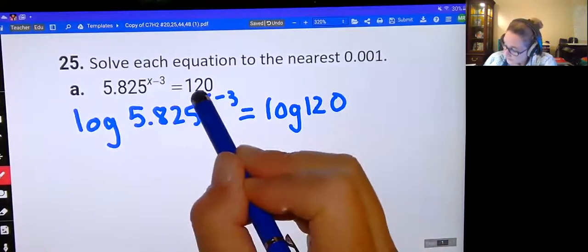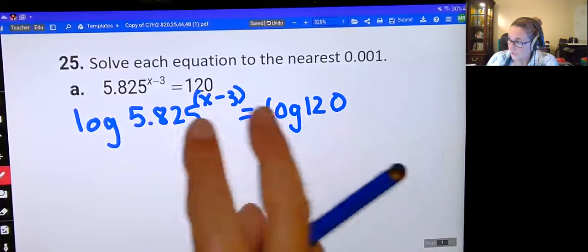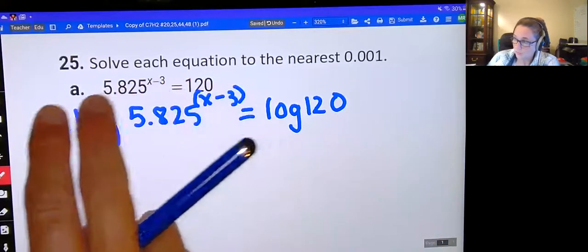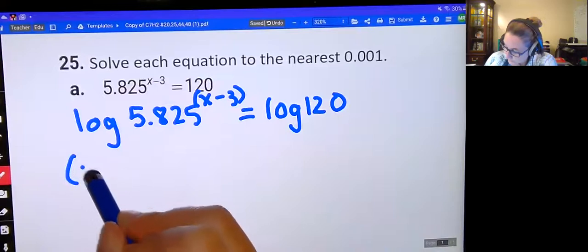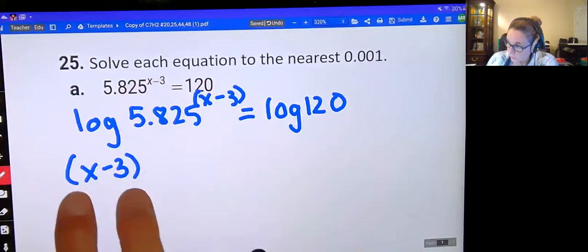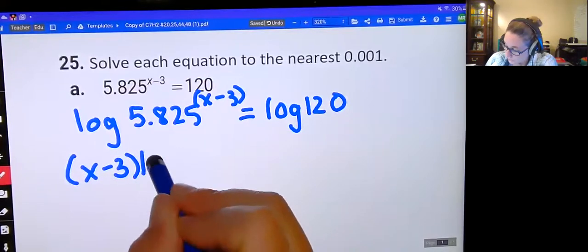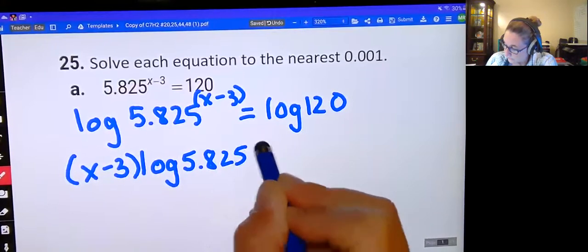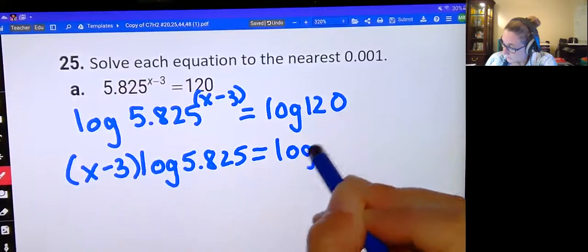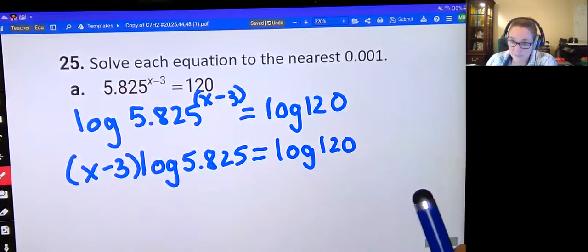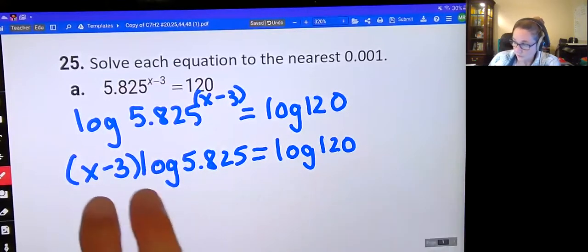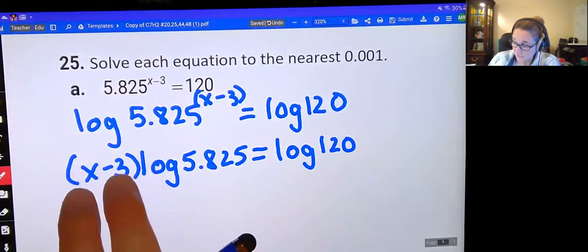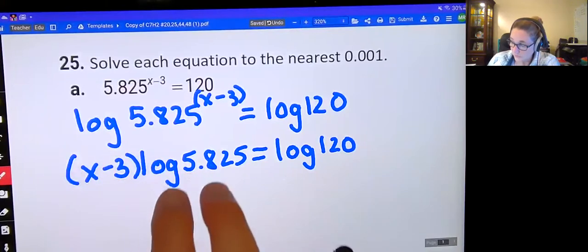Now, this x minus 3 is the power, so it's going to move in front. So I'm going to go parenthesis x minus 3 because this whole x minus 3 is going to be multiplying with my log of 5.825 equals log of 120. So now I'm going to try to get my x minus 3 by itself first. So I'm going to divide by this.